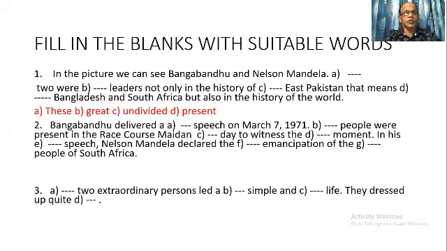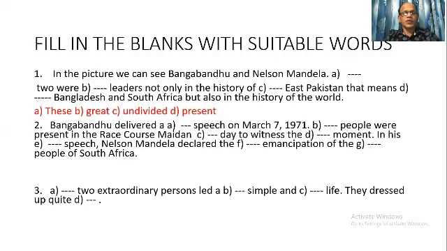Now number two, Bangabandhu delivered a blank speech. What kind of speech? You have to select a word for the gap. On March 7, 1971, blank people were present. What kind of people? How many people? You have to put the word in the gap.